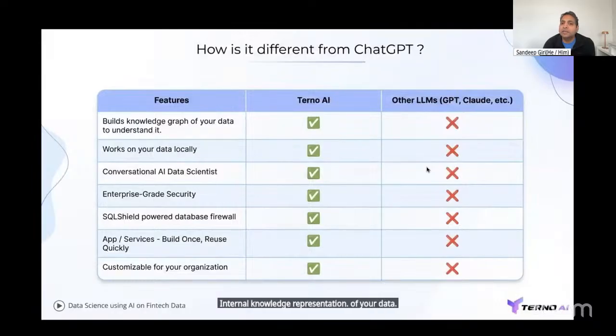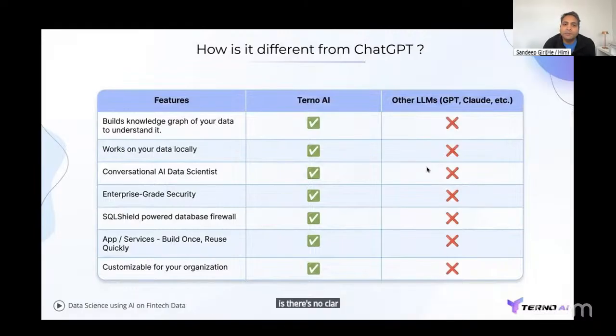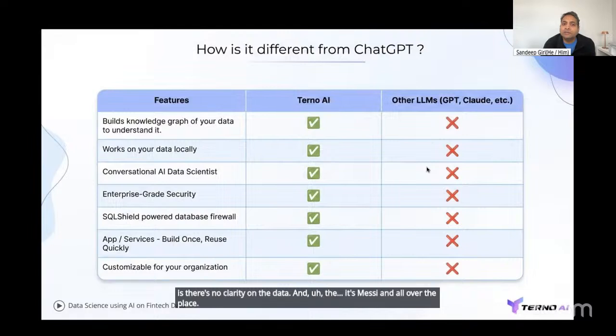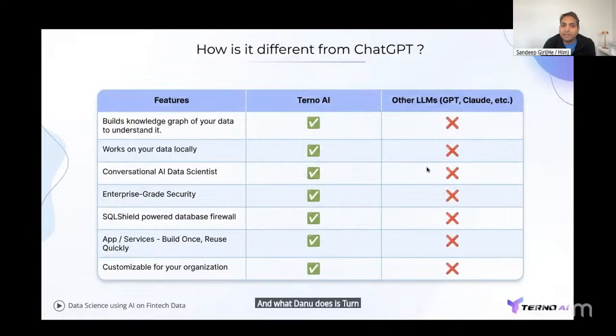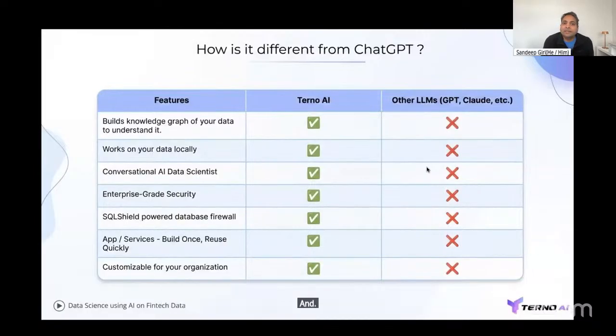One of the largest challenges people face when using LLMs on their data is that their data is undocumented, there's no clarity on the data, and it's messy and all over the place. Turno unifies that and creates a knowledge graph on top of that data, and that remains one of the key properties.